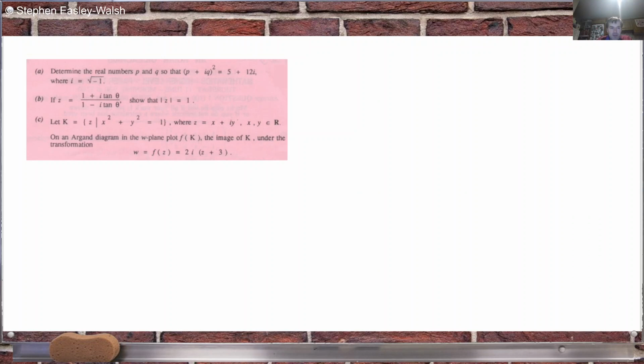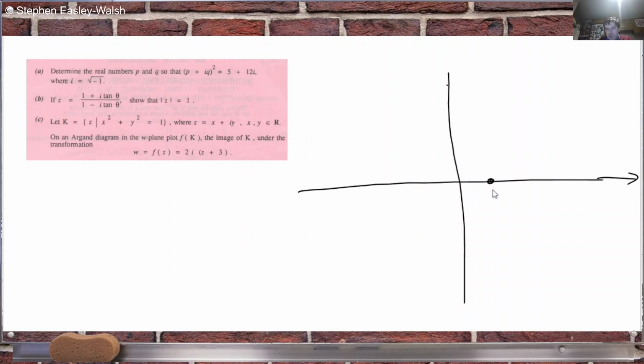Okay, so you've got an Argand diagram, and on it we have the circle. That's an i there. And that's the circle K. So a couple of things happen here. First, to z you add 3.